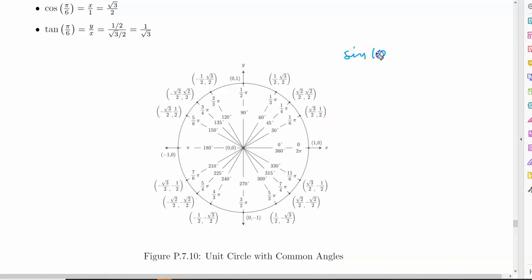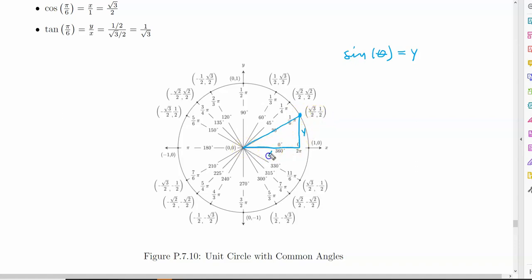The sine of theta is defined to be the y-coordinate of these points as we move around the unit circle. Remember that if we form a triangle, like right here, if I consider the angle pi over 6, we have this triangle that we can form right here. This distance y is the y-coordinate of this point.